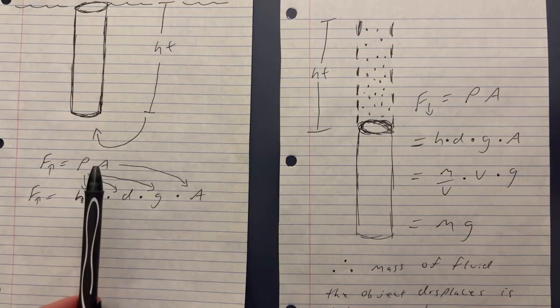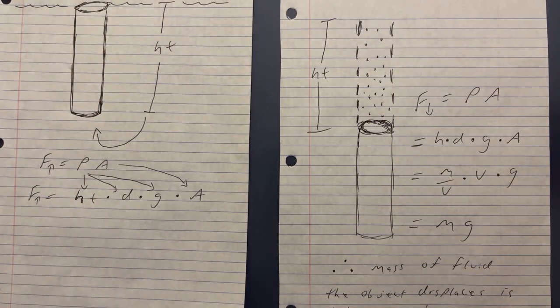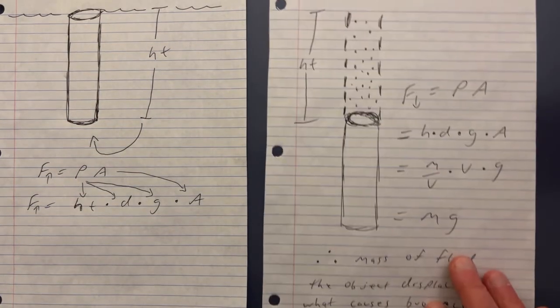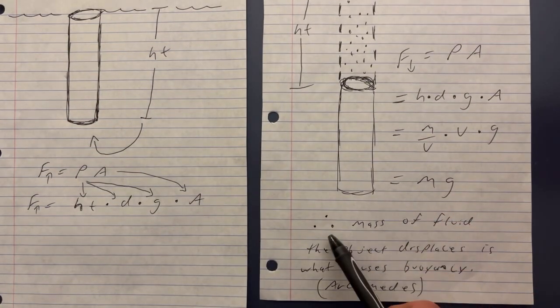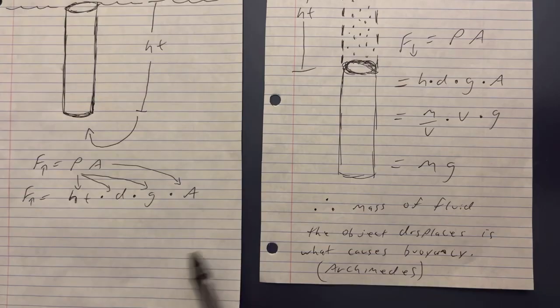So whether that pressure is pushing up or down, it's the same equation from the same displaced mass of fluid. So I just said right here, since we're dealing with the same mass, therefore the mass of fluid that the object displaces is what causes the buoyancy, which is Archimedes' principle, and also leads to the buoyancy equation.